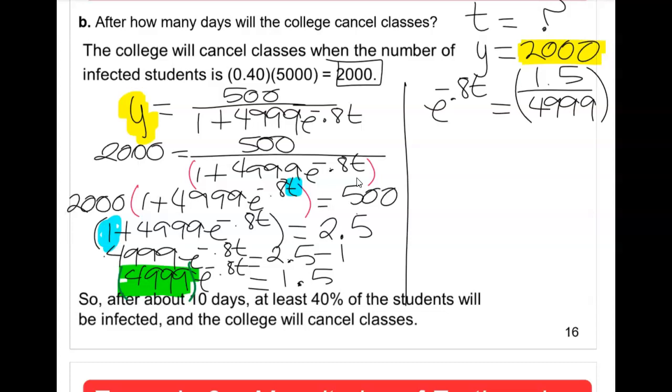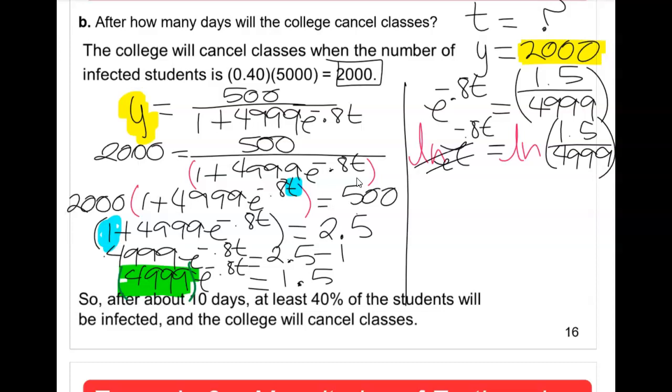So the next thing is going to be to take the natural log on both sides. And we already know it's going to cancel here, so we just have negative 0.8t equals the natural log of 1.5 over 4,999.